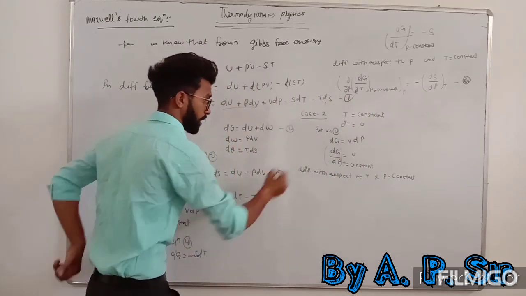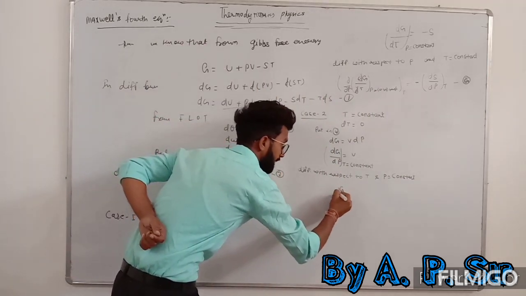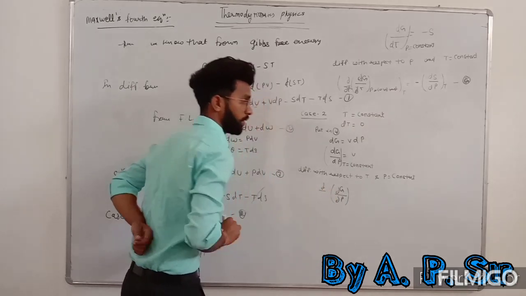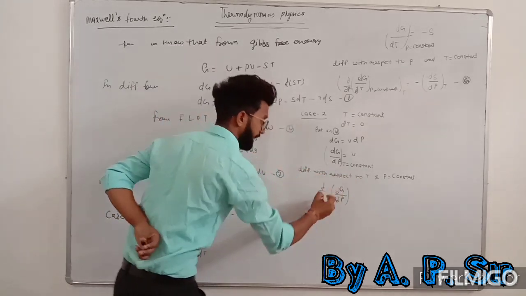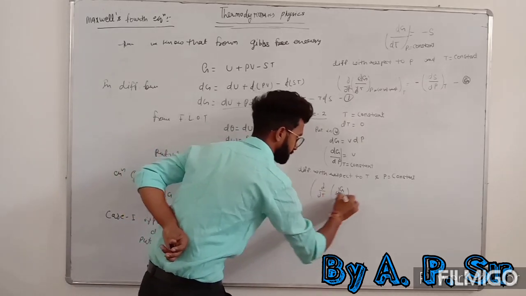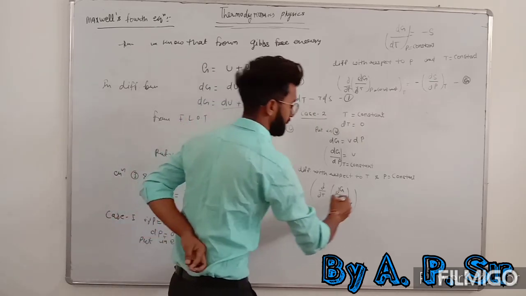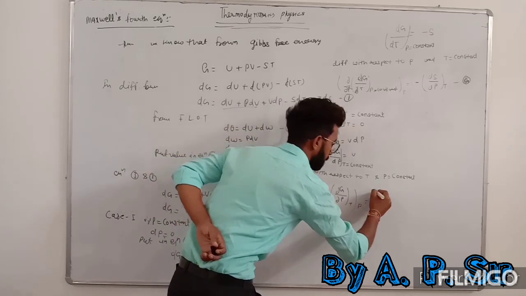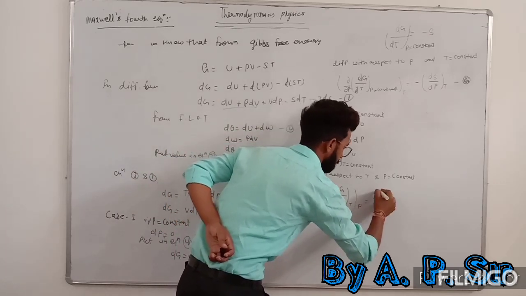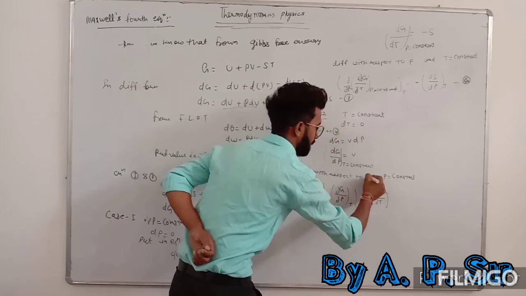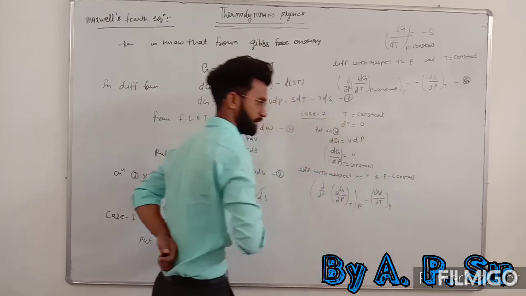Input the value: del G upon del P, del upon del T, where T constant, and outside P constant. And then next term del V upon del T at P constant.